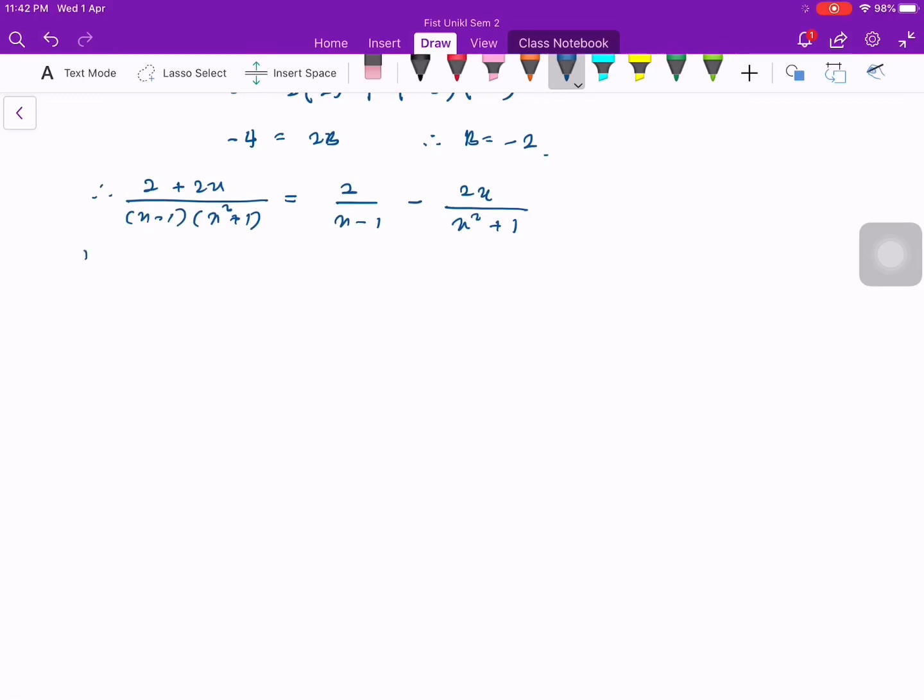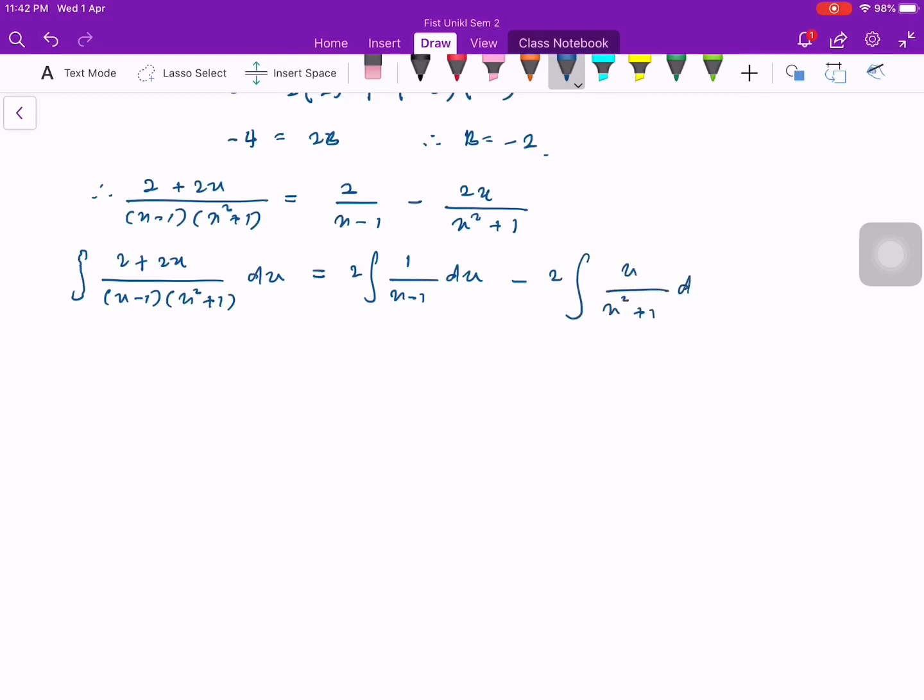So now we would like to integrate 2 plus 2x over x minus 1 times x squared plus 1 dx. So this will be equivalent to integral of 2 is a constant, saya keluarkan, so 1 over x minus 1 dx, okay, minus with 2 also is a constant, saya keluarkan, then I'm going to have x over x squared plus 1 dx.